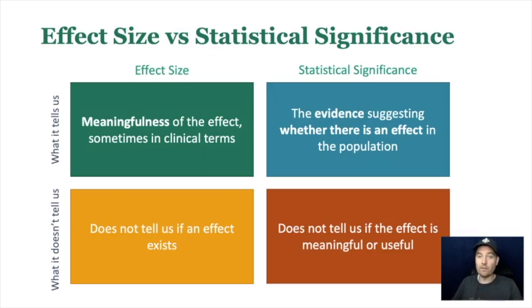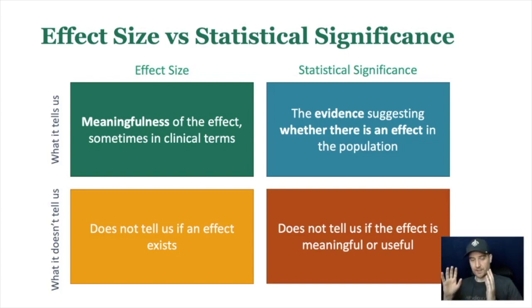Now, because there's a lot of overlap between these, I want to make this really clear. So when we're talking about effect size, the best term that I've found is meaningfulness. So it's asking how meaningful is the effect? And sometimes we want that in clinical terms or in practical terms.